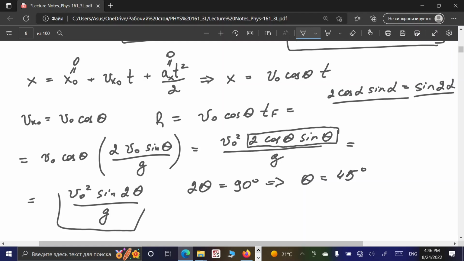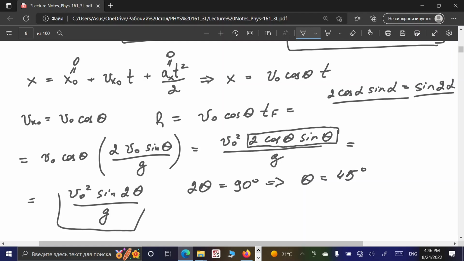We also showed how it looks in vector form, where different vectors originate from different contributions: the initial position vector, the initial velocity vector times time, and the acceleration vector times t squared divided by 2. Of course, this is within the scope of our model considering a constant acceleration vector.